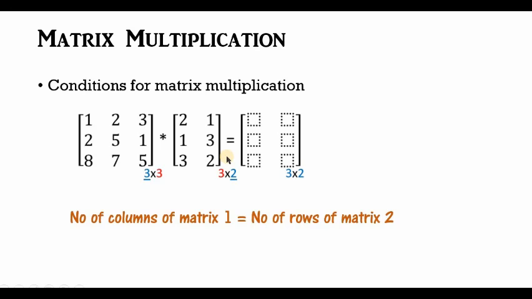Here is an example where we have two compatible matrices. Although their dimensions are different, we can multiply them because the total number of columns of first matrix is equal to the total number of rows of the second matrix. And the resultant matrix will have a dimension 3 cross 2.